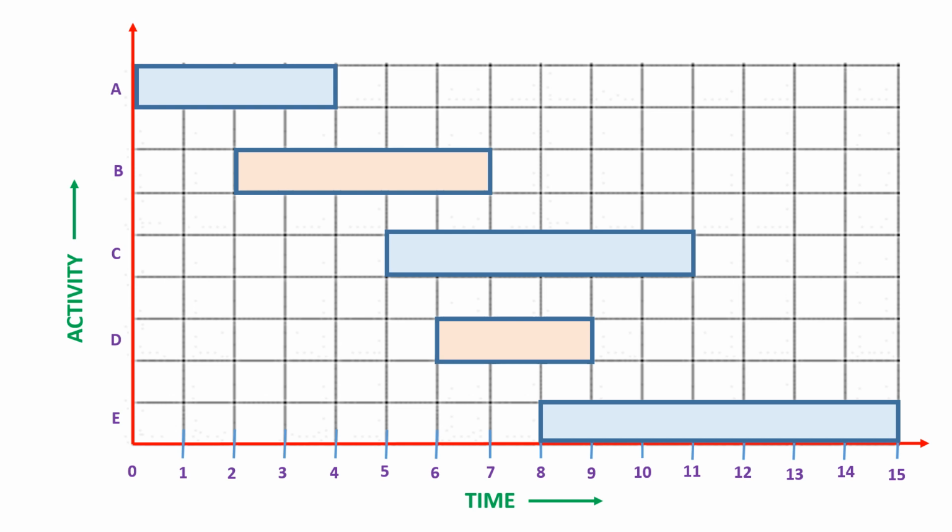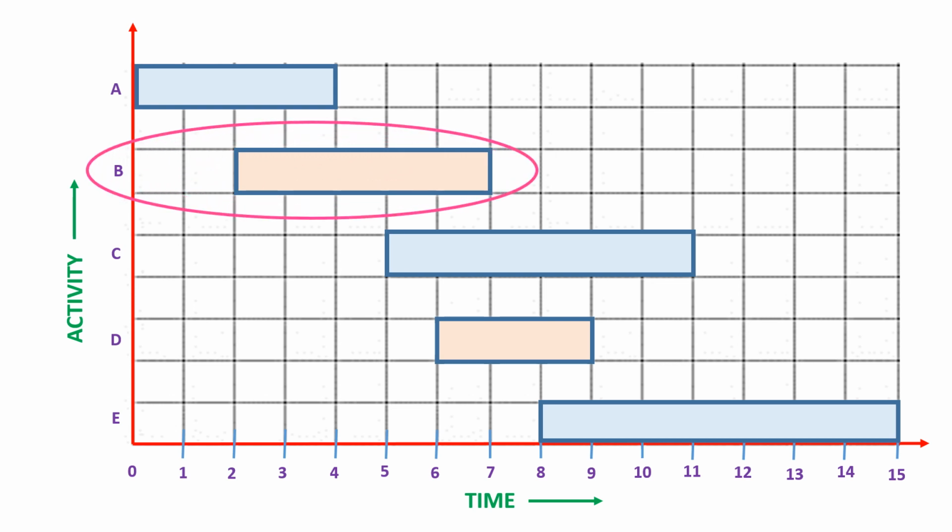Now you can see the horizontal bars or rectangular boxes that represent each of these activities from A to E, and the lengths of these bars are the durations of those activities. Now let us consider any one of the activities and see how the start date, end date and the duration of the activity can be calculated.